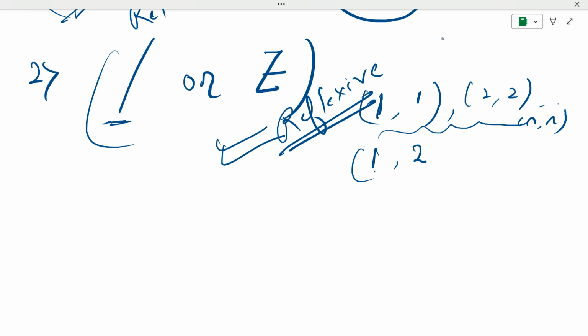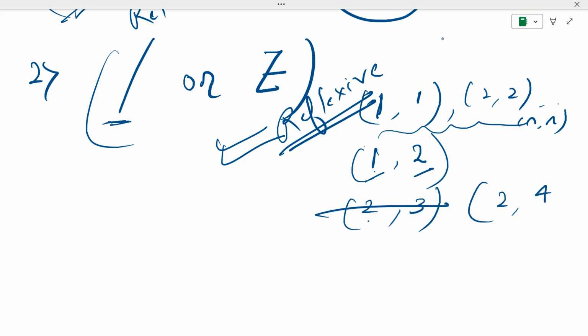If we define (1,2), 1 divides 2. If we say (2,3), 2 divides 3, it is not there. Or if we say (2,4), 2 divides 4, yes, it is there.